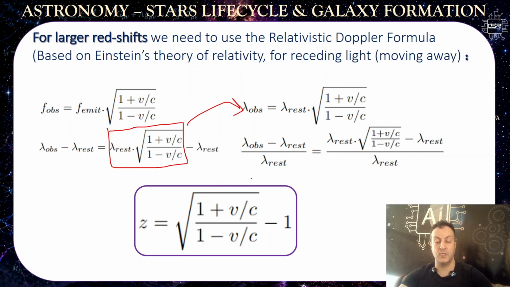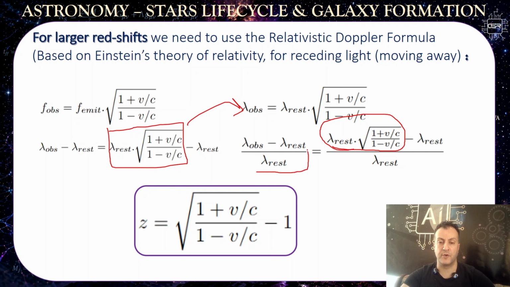Next we divide the entire equation by lambda rest. So you get lambda observed minus lambda rest divided by lambda rest is equal to lambda rest times this here, the square root of (1 plus v over c) divided by (1 minus v over c), minus lambda rest divided by lambda rest.